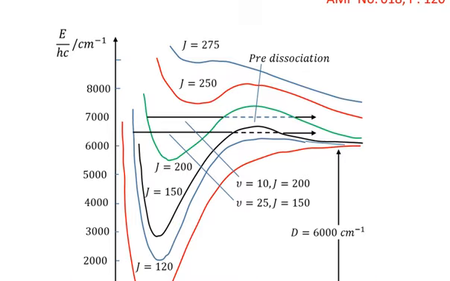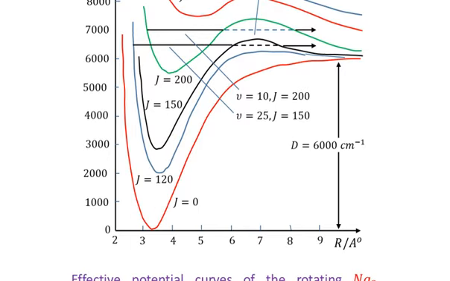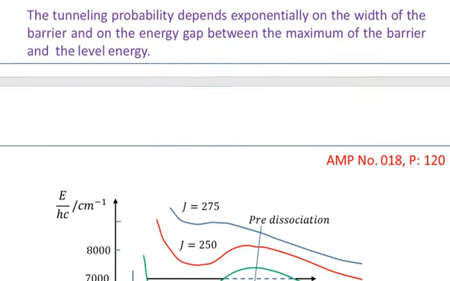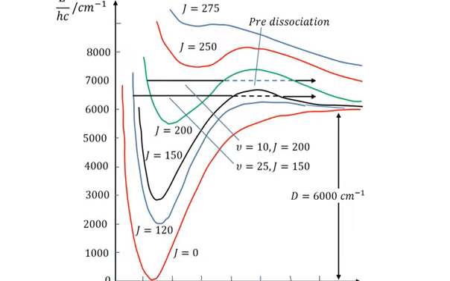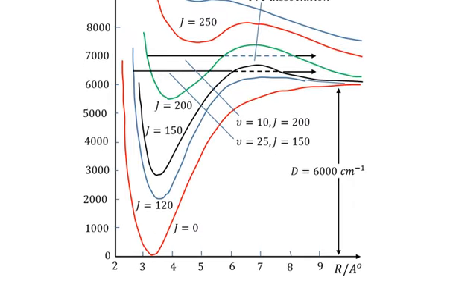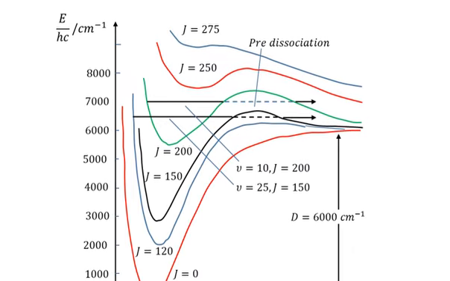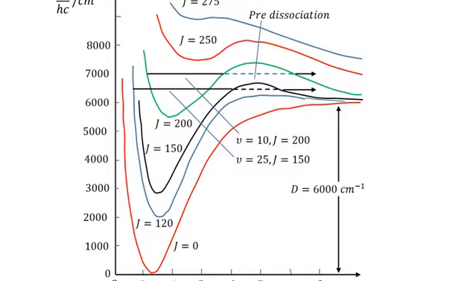So you see that this diagram shows different copies of the centrifugal potential. There are many copies of the centrifugal potential depending upon the value of J, starting from J equal to 0, then J equal to 120, 150, 200, 250 and 275.